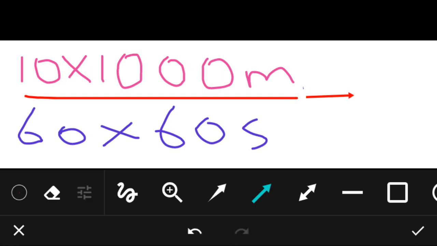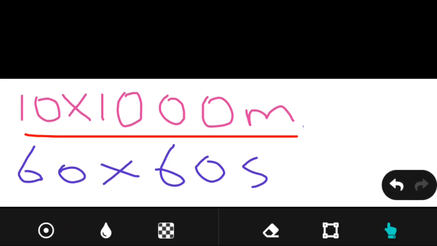2 point... let me just get rid of everything so that we have enough space.